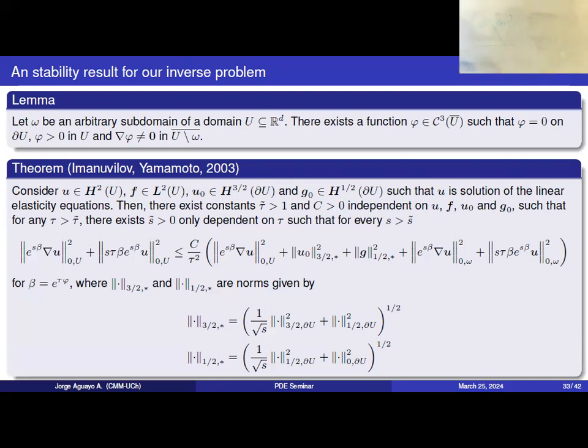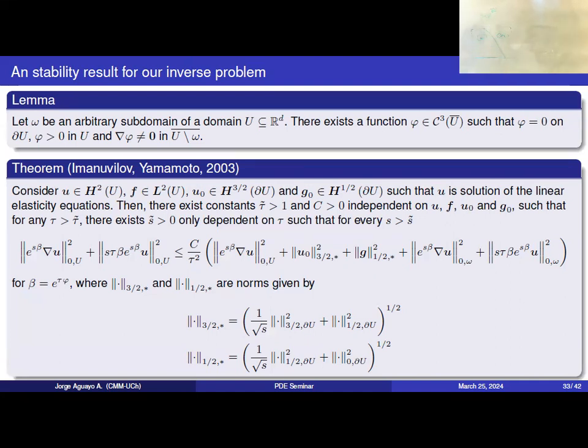And we have some good results from Imanuvilov and Yamamoto from 2003 that follow this structure, using the weights, beta in this case, sorry, following this structure, tau in this case. And we can obtain this kind of results.